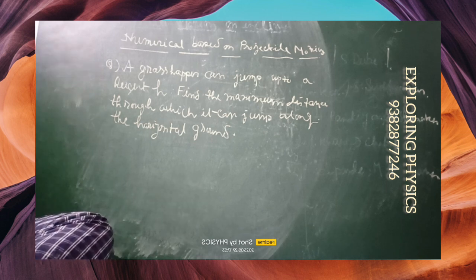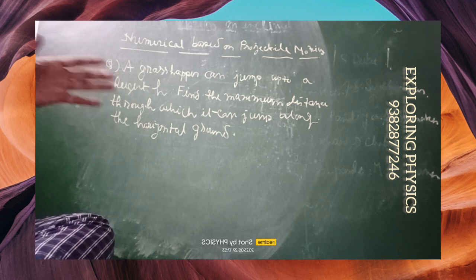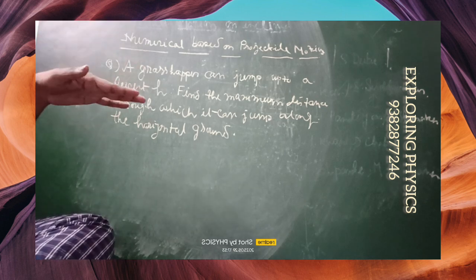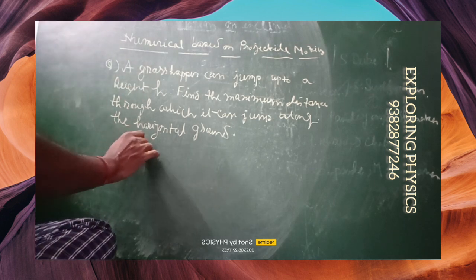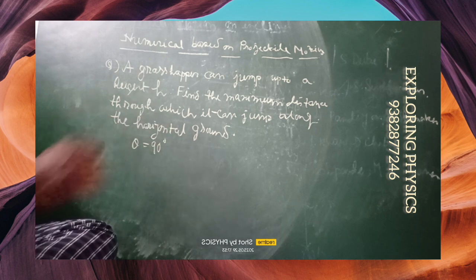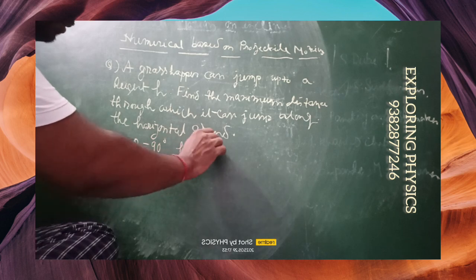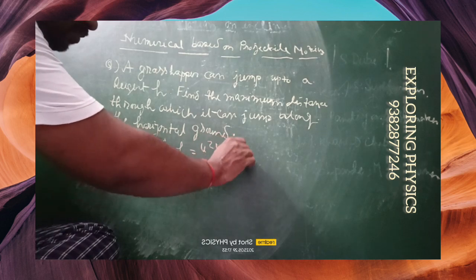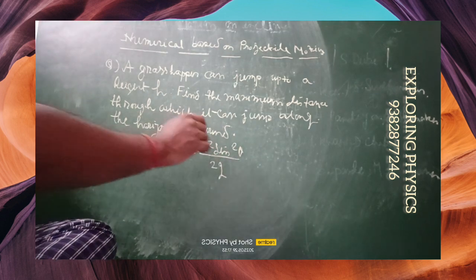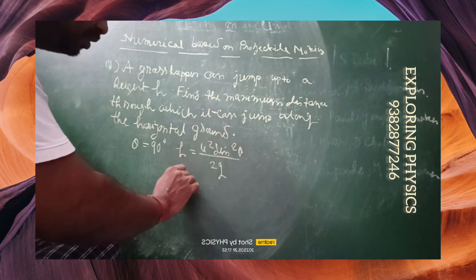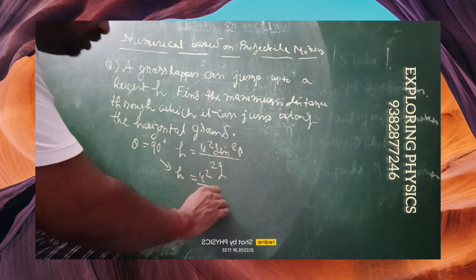What is given? A grasshopper can jump up to a height h. Up to a height h means there's a maximum height. It can jump vertically, so here we have to consider theta equals 90 degrees. Now the formula of the height is h equals u square sine square theta by 2g, and putting theta as 90 degrees, that formula reduces to h equals u square by 2g.